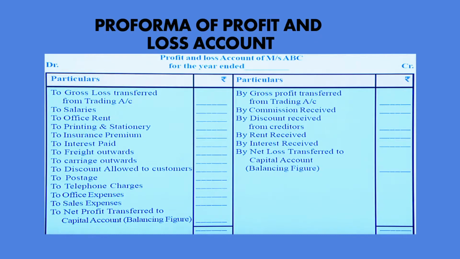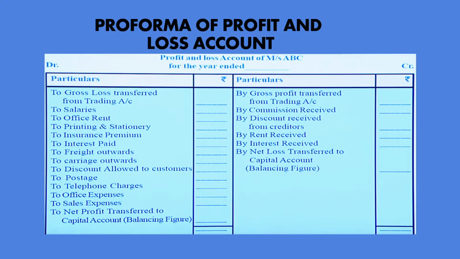Gross profit is there means in the trading account it is coming on the debit side. So it is transferred to the credit side of the profit and loss account. If gross loss is coming in the trading account, it will usually come on the credit side of the trading account. So it is transferred to the profit and loss account on the debit side. So gross loss is transferred from the trading account to the profit and loss account on the debit side.